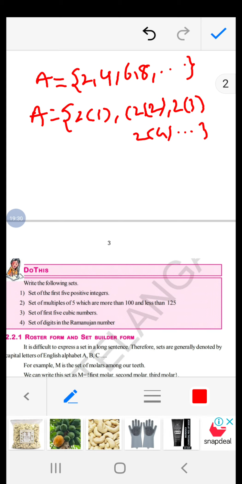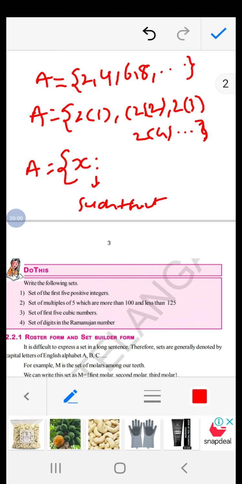Here A equals, each and every element we consider as x, and this bar we read as such that.